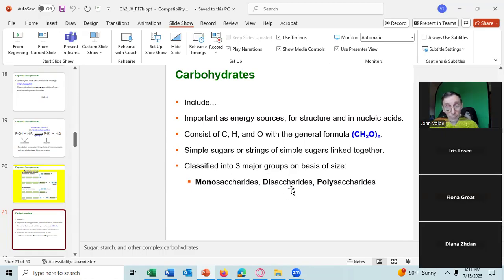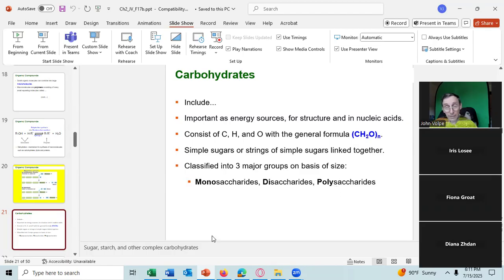You can have 2 monomers hooked together to be a disaccharide, and sucrose is a disaccharide. And then there's the polysaccharides, which are many monomers hooked together. And then starch would be the best example of a polysaccharide, where you have many glucose hooked together in a string to make the starch.